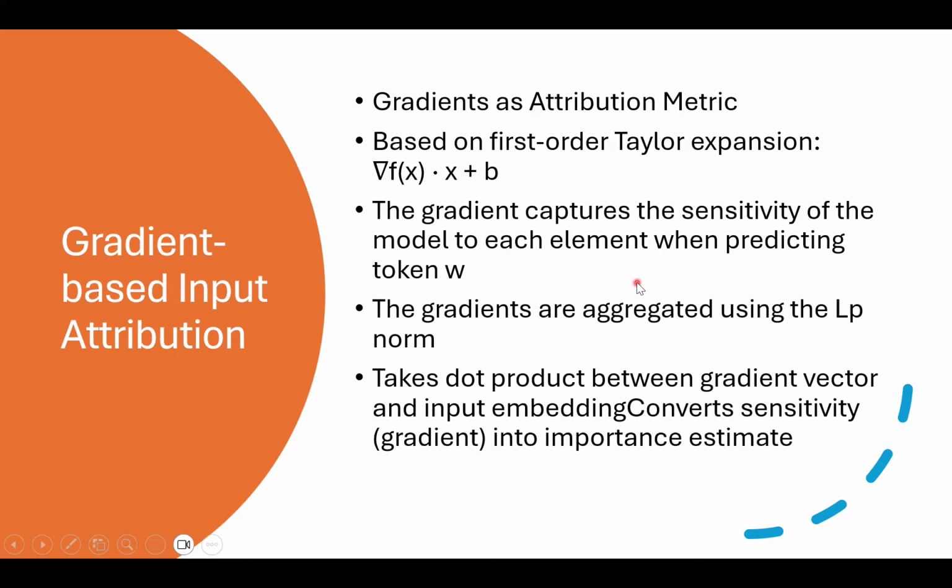Then you correlate that and see how sensitive the output is to each token or element. This is done for all the layers, so for each point in the model you calculate this gradient. You use an Lp norm to aggregate the gradient in the end. Then the dot product between this gradient and the input embeddings tells you about the token itself, because when processing, your token is a float value or a vector.